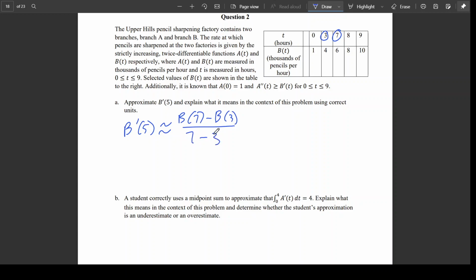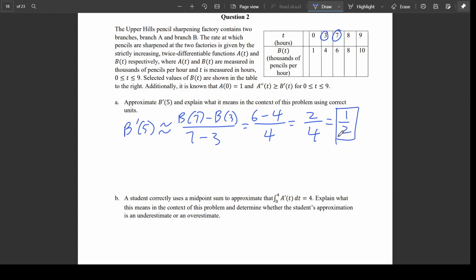This is the y2 minus y1 over x2 minus x1 formula. b of 7 is 6, b of 3 is 4, and 7 minus 3 is 4. So 6 minus 4 is 2 over 4, which is 1/2.